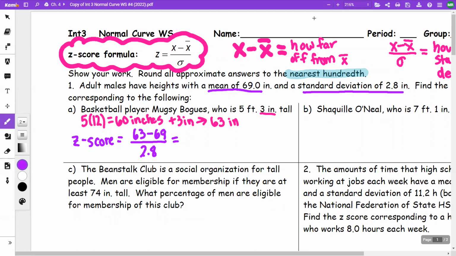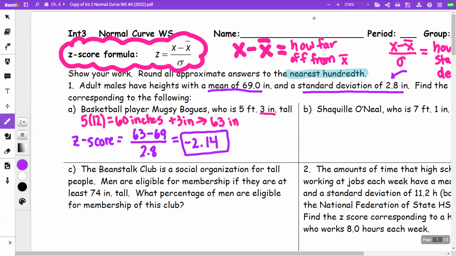So when I have 63 minus 69 divided by 2.8, I get a negative 2.14 for my z-score. Okay. So every standard deviation is 2.8, and he is about negative 2 of those away from the mean.